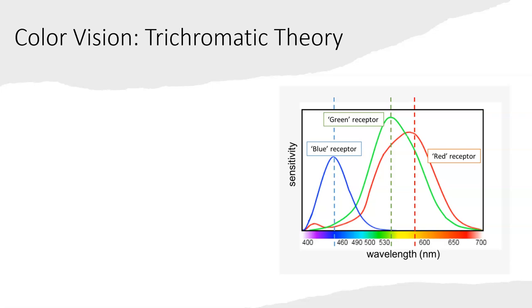Color vision: there are several theories for helping to explain how we see color. Remember that you have the physical light that is entering the eye. Then various levels of processing have to happen in order for you to recognize that what you're seeing is something of a particular color.